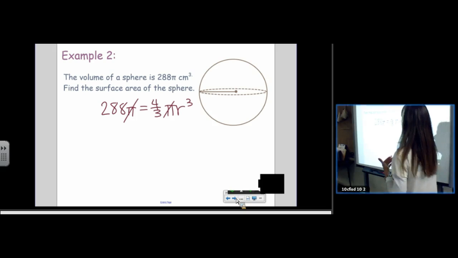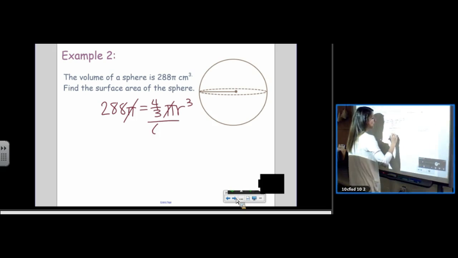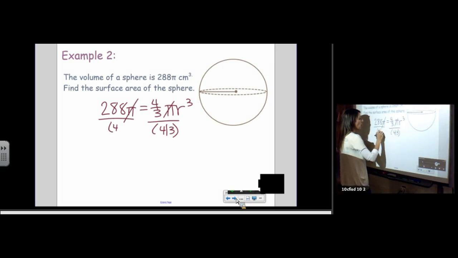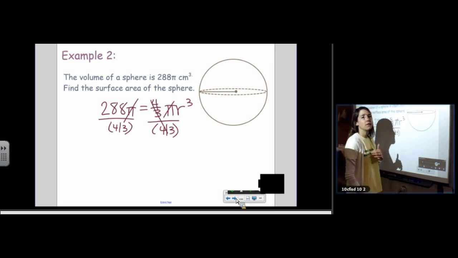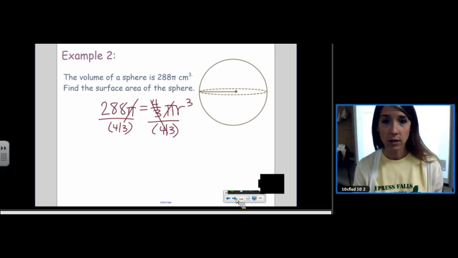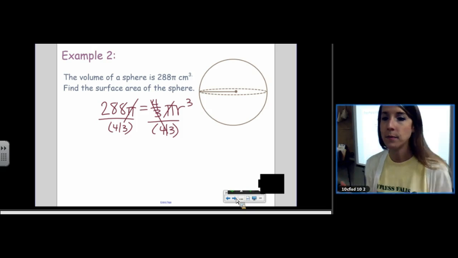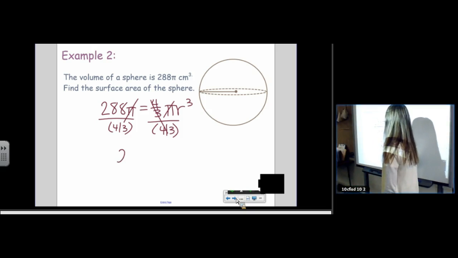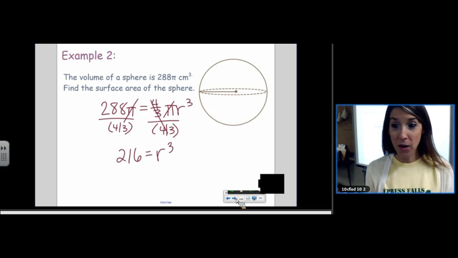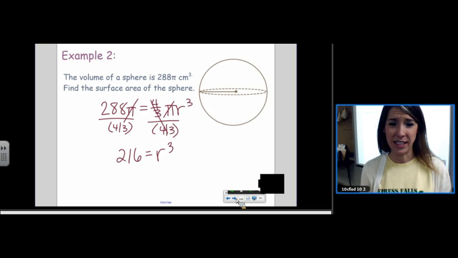Good. You can divide by 4/3 if you want. Make sure you put it in parentheses. Or you can flip and multiply. You could multiply by 3/4. That's up to you. Pick one way and stick with it so you don't get confused. Okay, so you should get, what, 216? Well, r cubed equals 216.